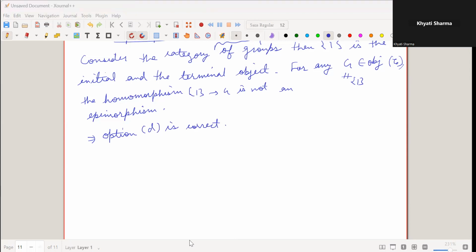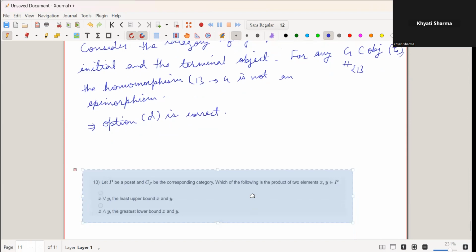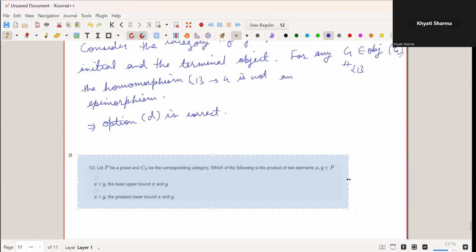Then let's move to the next question. It says, let P be a poset and C_P be the corresponding category.